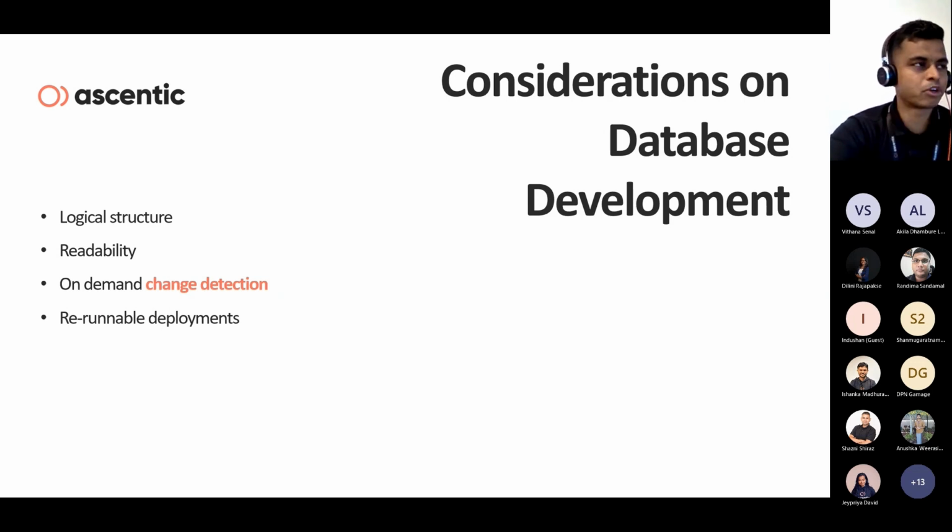And these deployments should be rerunnable, as in if you have a script, you can rerun it over and over again without failing your database script, it would be really great.